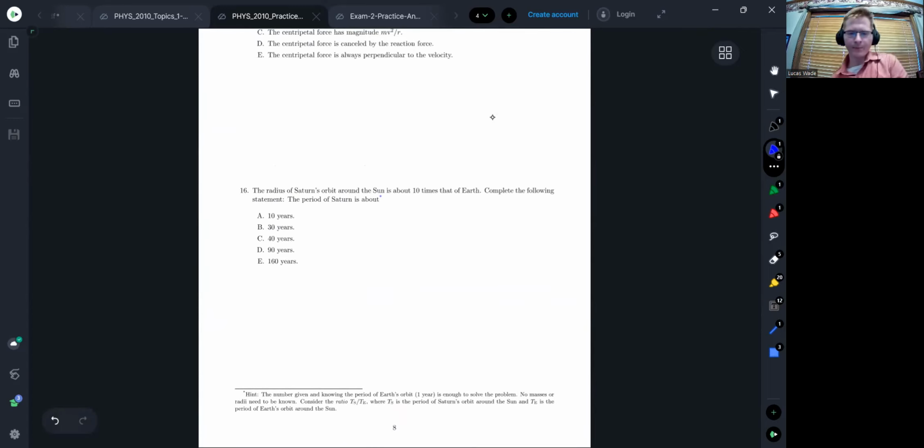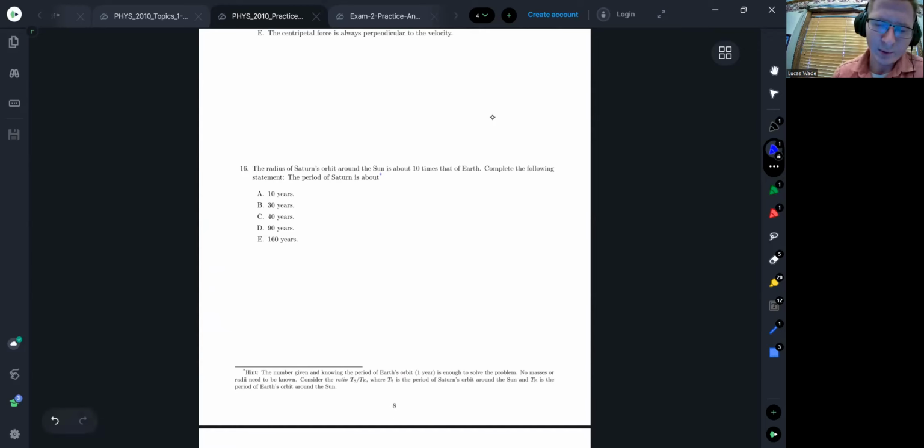Very good. Okay. So 16, this is just one to kind of show you that ratios are useful in physics. There may not necessarily be something exactly like this, although it is good to know how to calculate the period of an orbit. So the radius of Saturn's orbit around the sun is about 10 times that of Earth, meaning the radius of the Earth's orbit around the sun.